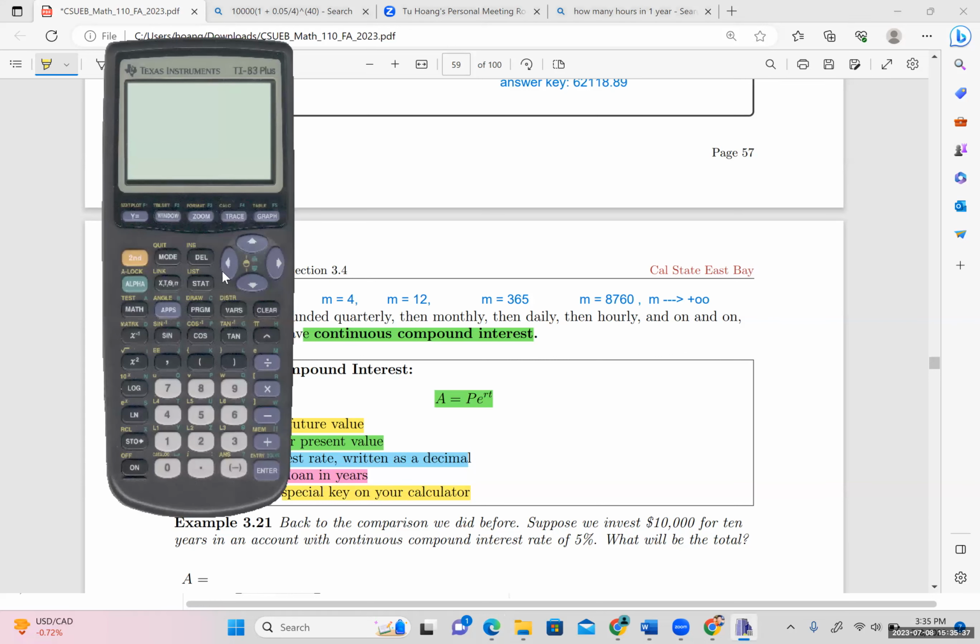In mathematics, we call it Euler's number, but we don't really need to go deeply into what that means. It's just a constant number.